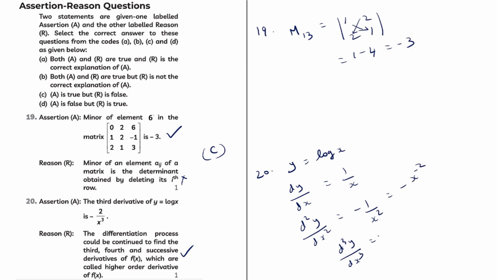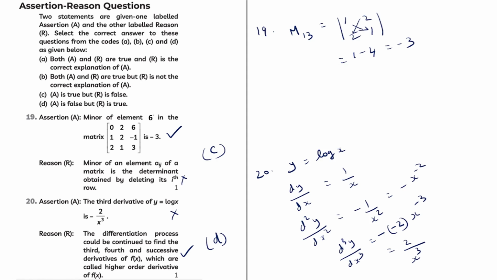So there is already one minus sign outside. The derivative of x raised to minus 2 is minus 2 into x raised to minus 2 minus 1, that is minus 3. So this is 2 by x cube. So it is plus 2 by x cube. But here they have given minus 2 by x cube. So here the assertion is false. So A is false but R is true. The correct option is option D.